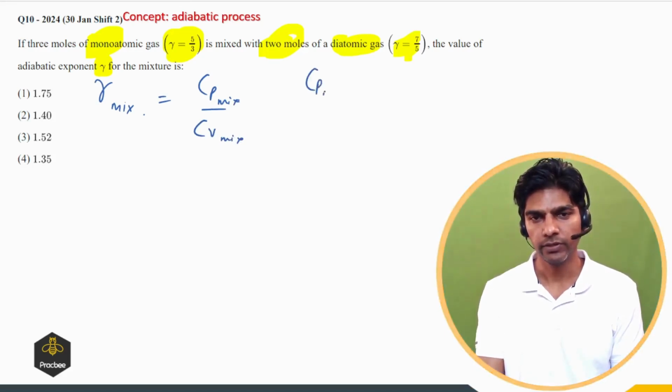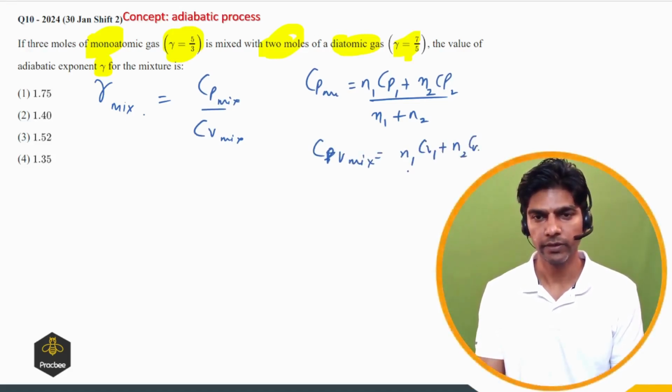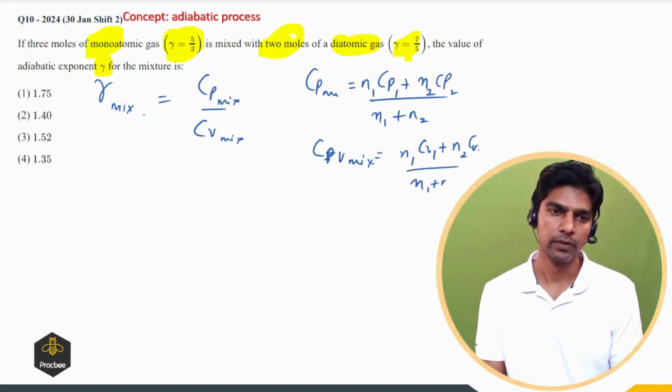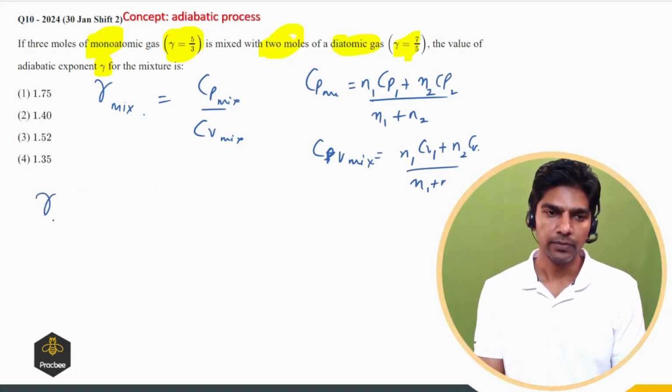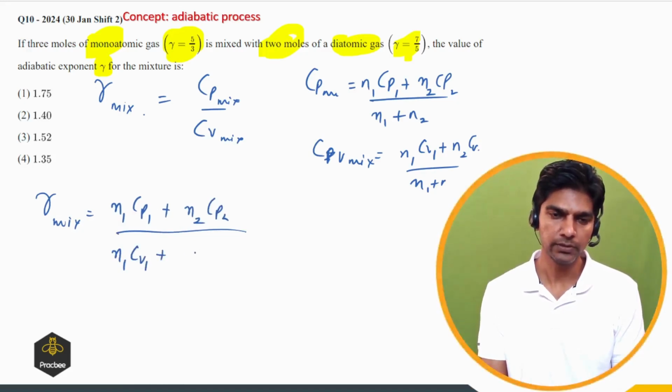Cp of mixture will be (N1 Cp1 plus N2 Cp2) divided by (N1 plus N2), and Cv of mixture will be (N1 Cv1 plus N2 Cv2) divided by (N1 plus N2). So gamma of mixture is (N1 Cp1 plus N2 Cp2) divided by (N1 Cv1 plus N2 Cv2).